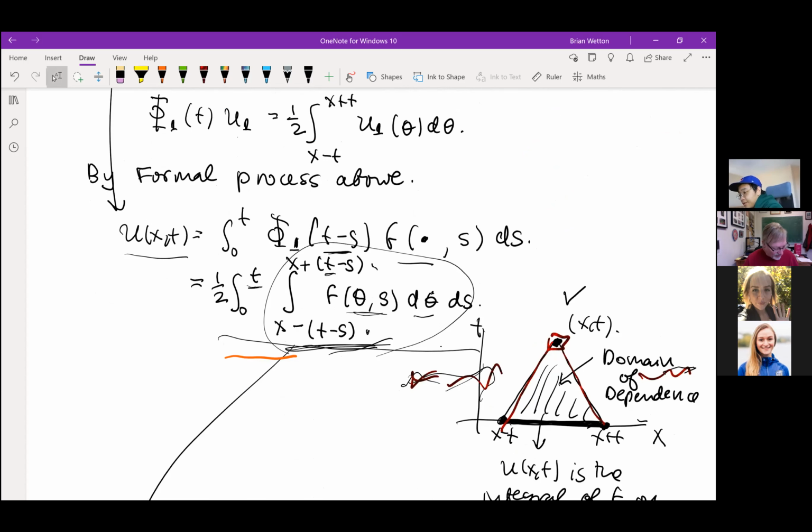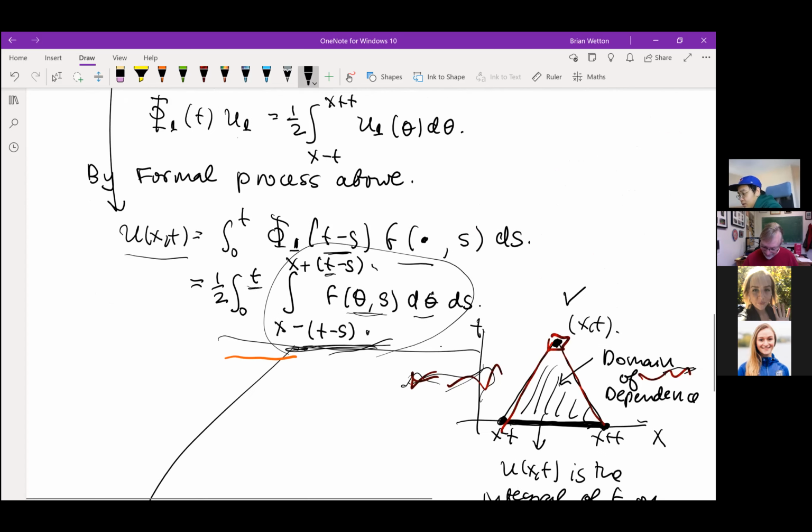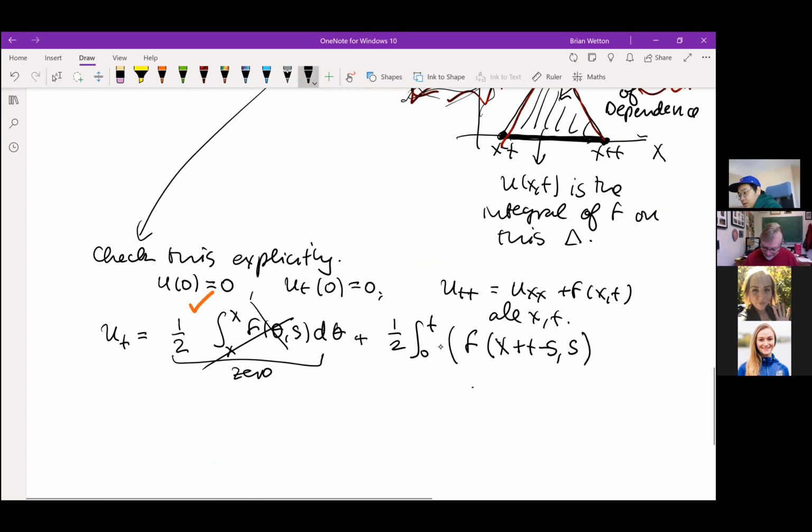And then I've got a lower limit. I'm subtracting, but remember I'm taking the derivative with respect to t, so that's going to change the sign as well. I'm going to have plus f at x minus t plus s and s, and all of that I'm still going to integrate in time.